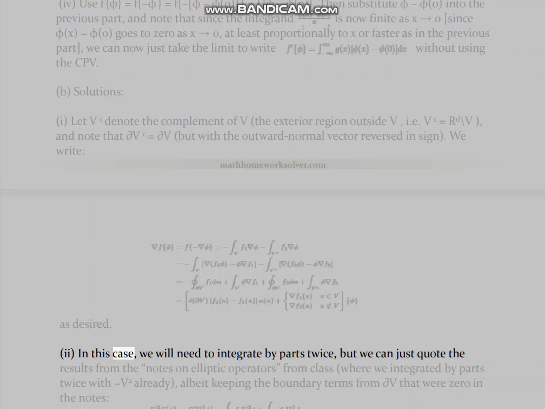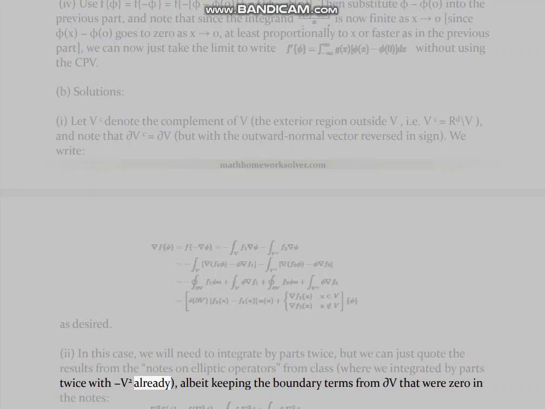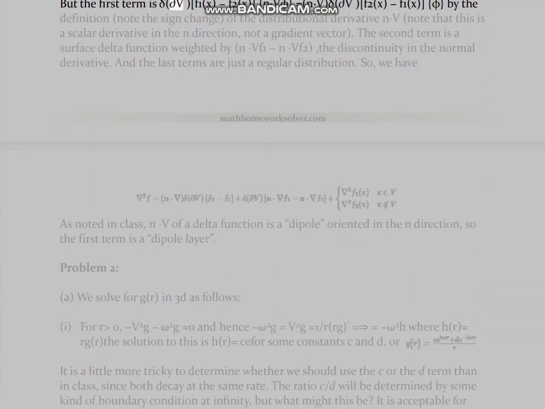2. In this case, we will need to integrate by parts twice, but we can just quote the results from the notes on elliptic operators from class, where we integrated by parts twice with minus Laplacian already, albeit keeping the boundary terms from ∂V that were 0 in the notes. But the first term is a delta on ∂V, (f1(x) minus f2(x)) ∂_n φ, and minus ∂_n of delta on ∂V, (f2(x) minus f1(x)) φ.